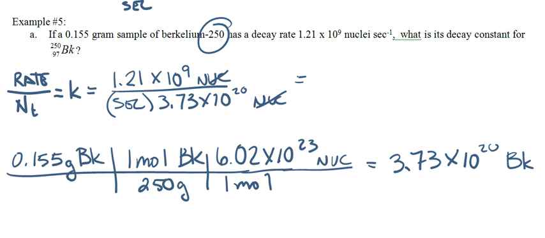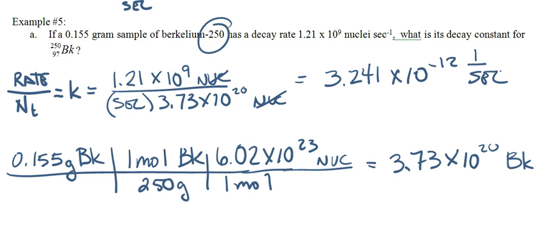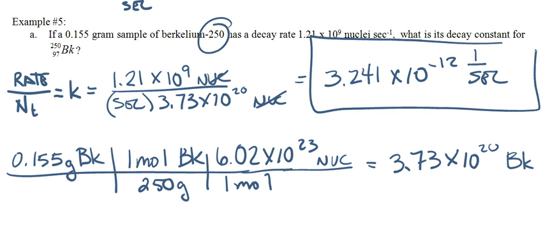And my K is around 3.241 times 10 to the negative 12. Again, nuclei cancel, we're left with 1/second. So there's our K value. And again, that equals K, so there's our constant.